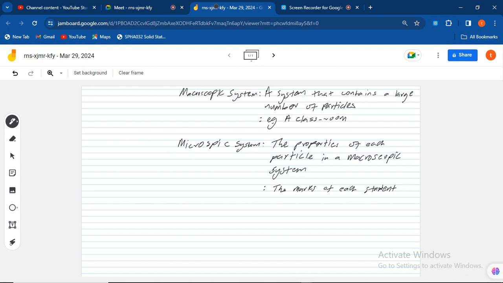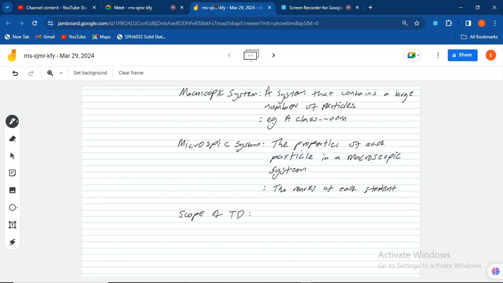Now, let's talk of the scope of TD, which is the thermodynamic scope. What are we actually talking about here?